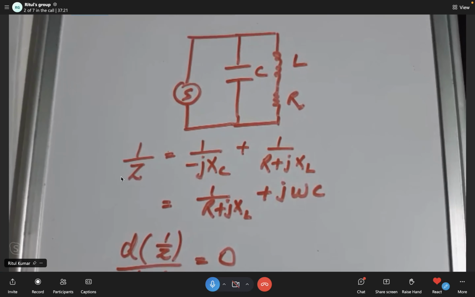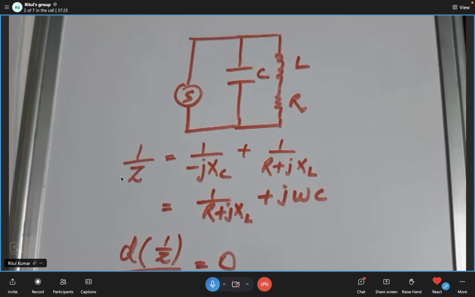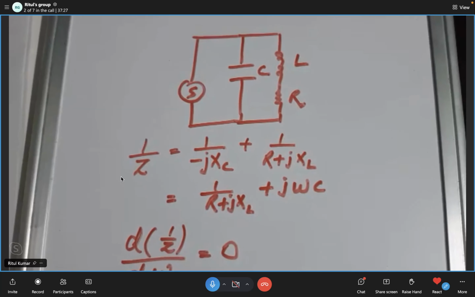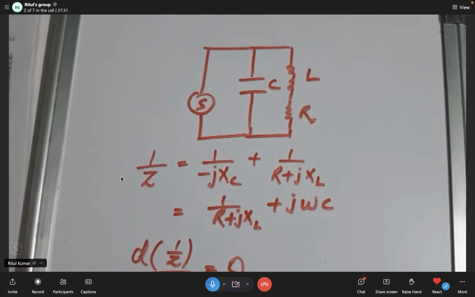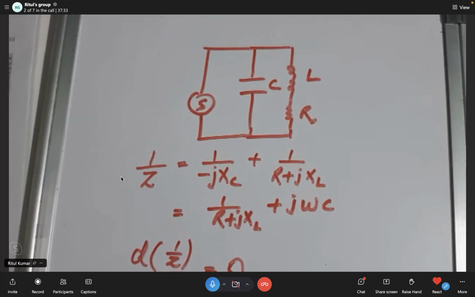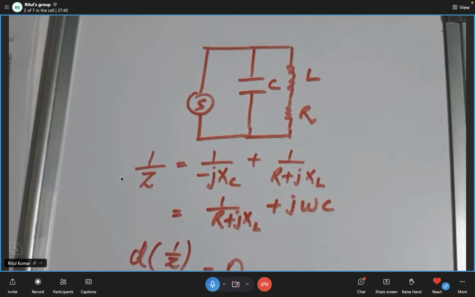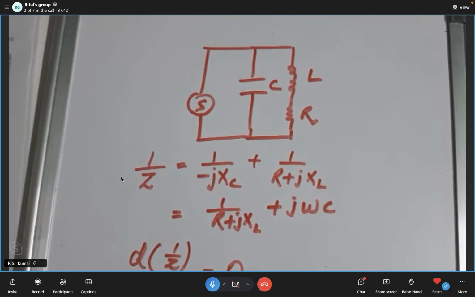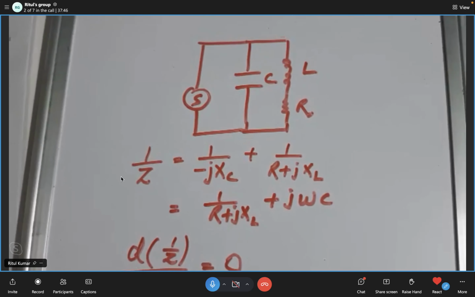But that has J in it. How can omega have an imaginary component? Exactly. Take your calculation, dear. What did you write 1 by Z to be? 1 by Z as usual, whatever we have gotten, you have marked it, I presume, with JC, right?